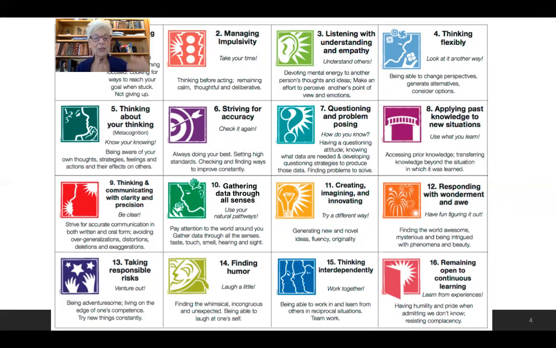How can I really use something I already know? What will help me to answer this problem? So you're really applying past knowledge because it's really a test of some of your past knowledge. And you're also trying to be able to be in the moment and be persisting. So all of those are habits that you would use when you're taking a test, for example.